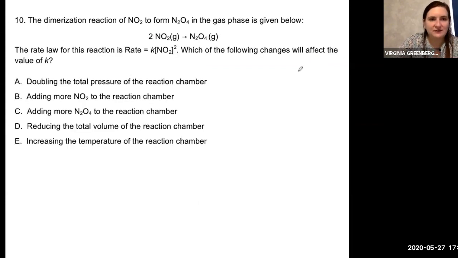In question 10, we have the dimerization reaction to form N2O4. There's a great homework question about this reaction. But here they give us the rate law, and they're asking us what will change K. So we can see that this is a second order reaction.